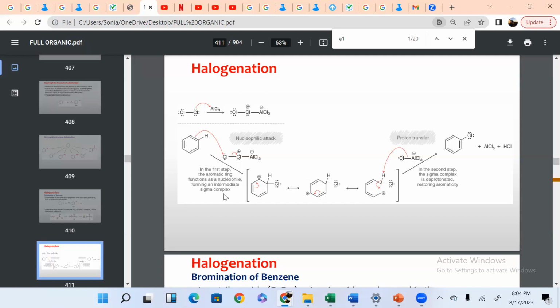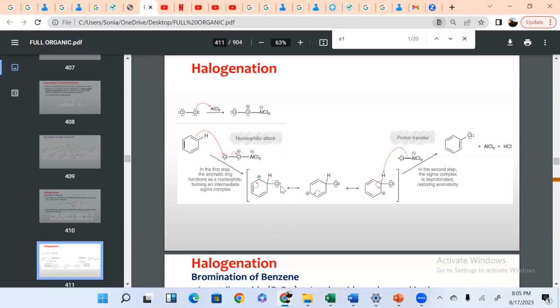So benzene is the nucleophile, and this complex serves as our electrophile. This pi bond picks up this chlorine, and you can see the beginning of the sigma complex. It forms the bond here, and we have broken this double bond because its electrons have been used to form this bond with chlorine.